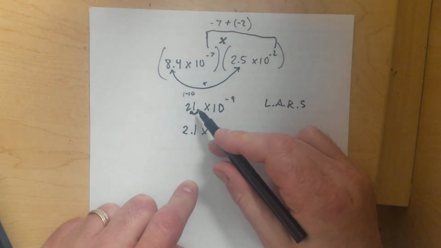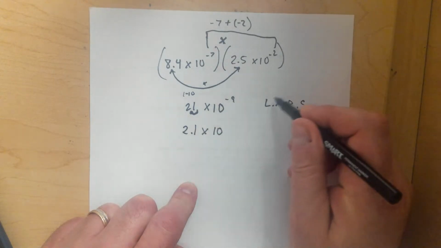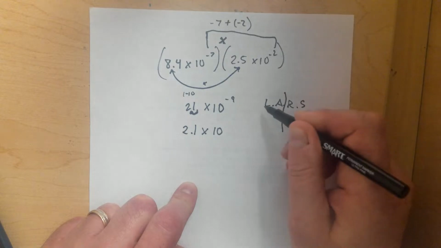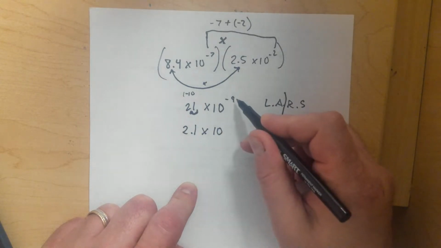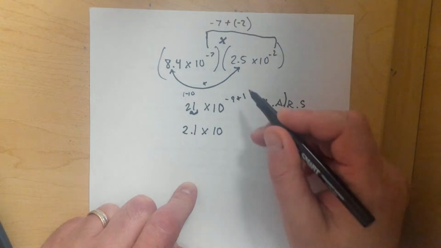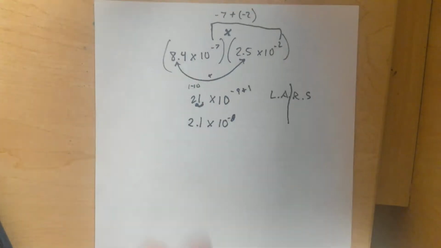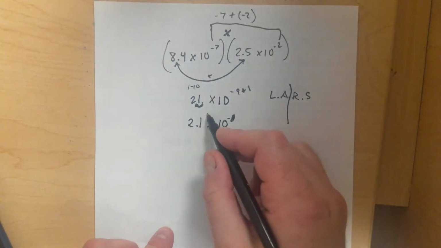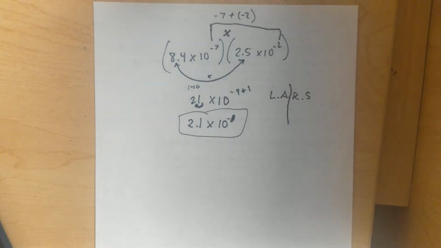Think back. This was at 21. I had to move my decimal to the left one spot. Left and add go together. I moved it over one spot, so I'm going to add 1 to the exponent. That's the rule there. -9 plus 1 is -8. This is my final answer for multiplying in scientific notation.